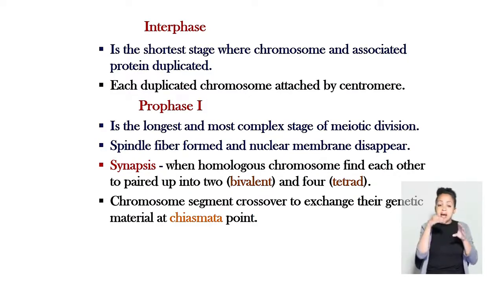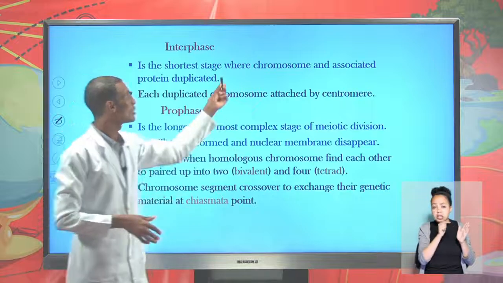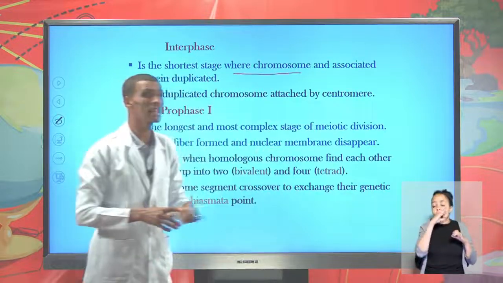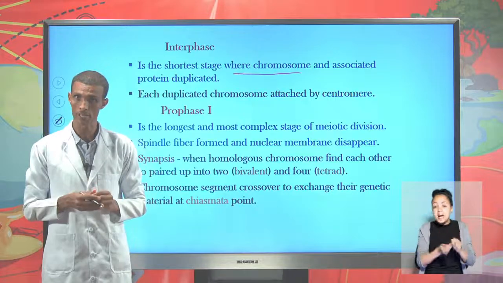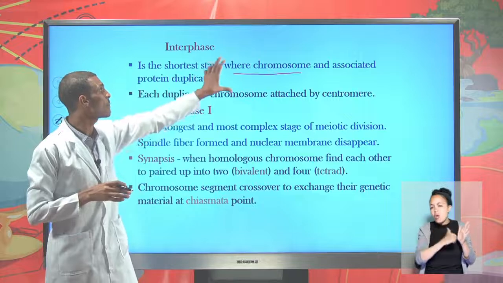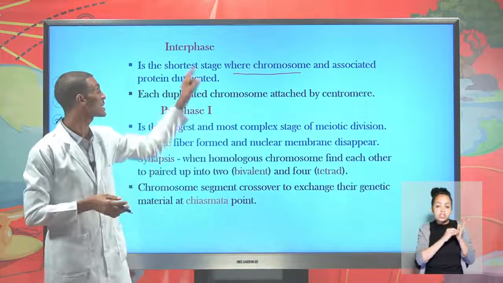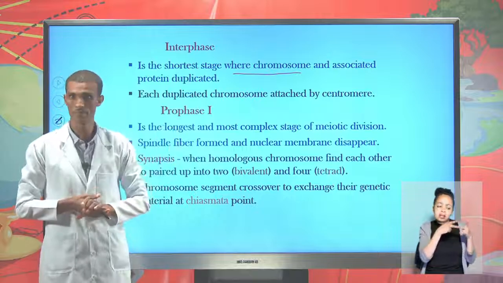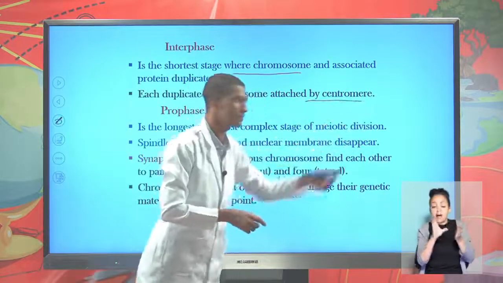Interphase is considered a preparatory phase, during which chromosomes and associated histone proteins are duplicated, making an exact copy. No other phase is involved in chromosomal duplication except interphase, where the copies are joined by the centromere.